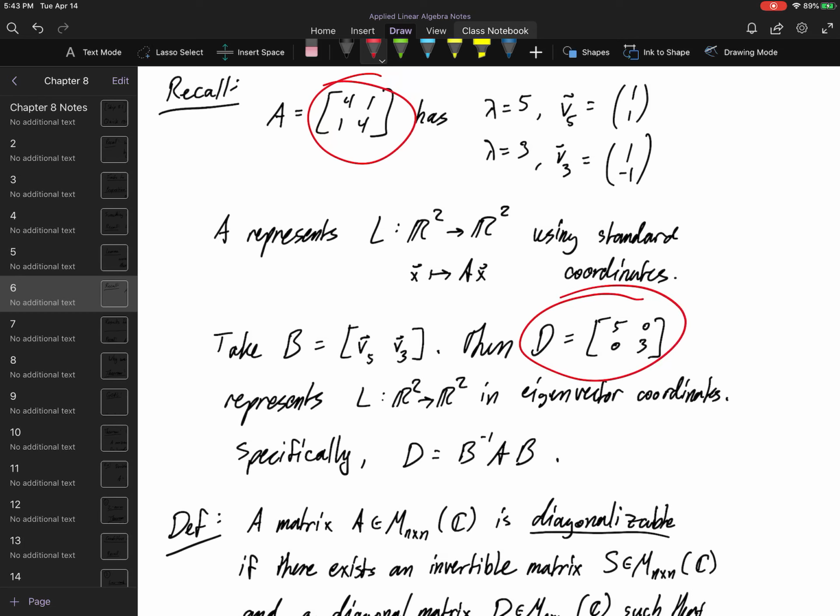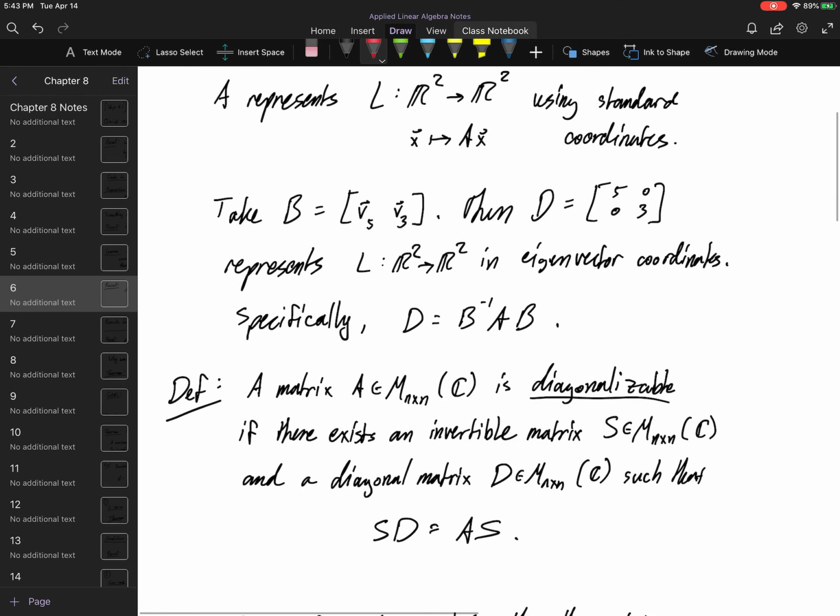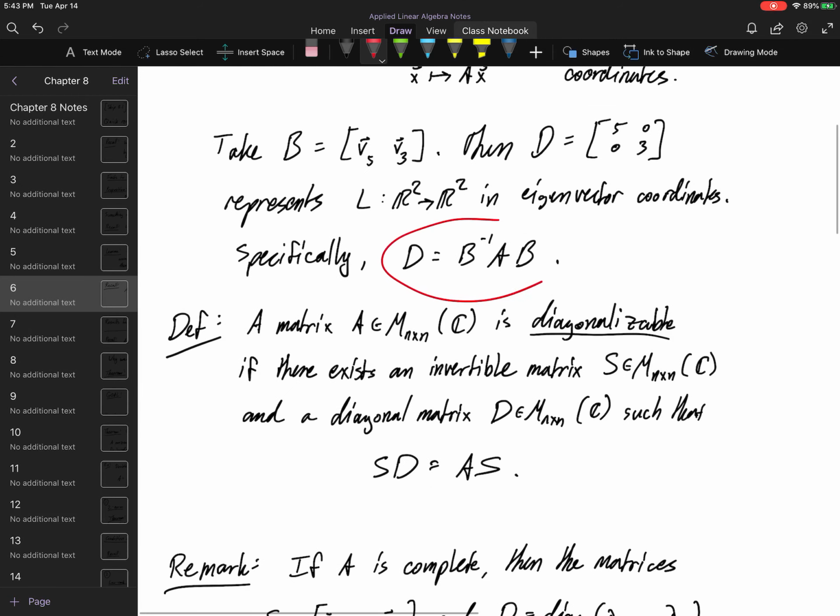And in fact, instead of being a full matrix, it turns out D here is a change of coordinates, or there is a change of coordinates transformation that makes this linear transformation look cleaner in a different basis, and specifically in an eigenvector basis of R^2.